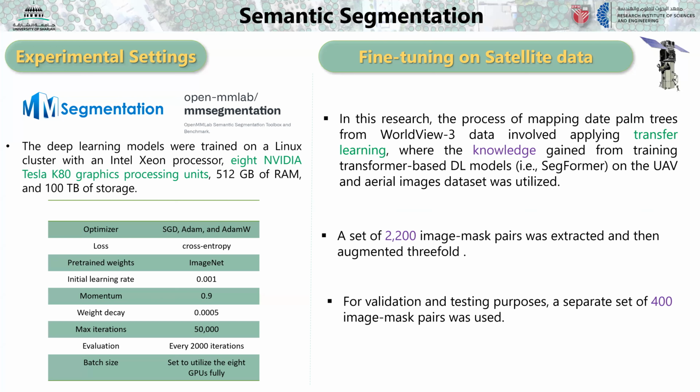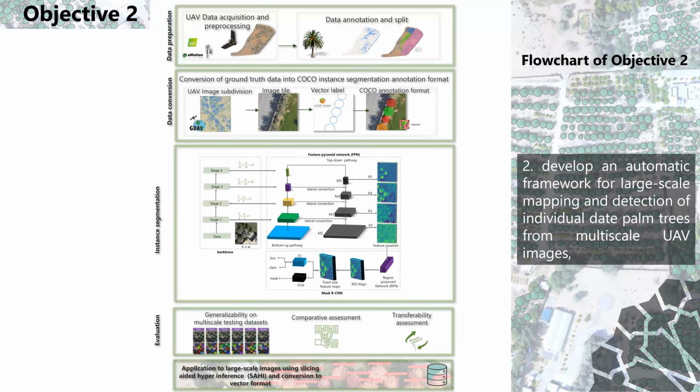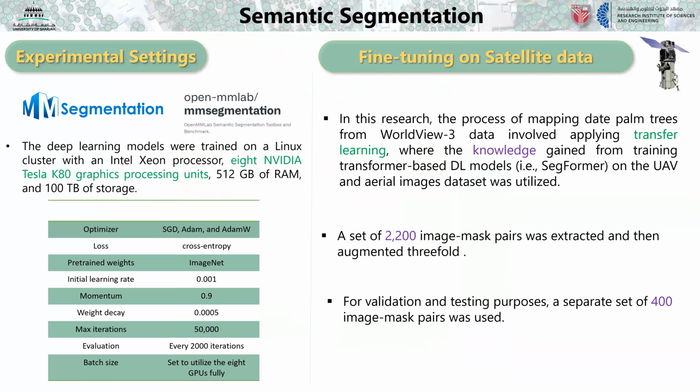The instance semantic segmentation models were trained on UAV and aerial images. The knowledge gained from training on this data set was transferred to detect dead palm trees from satellite data. So this was for the first task, which is semantic segmentation.